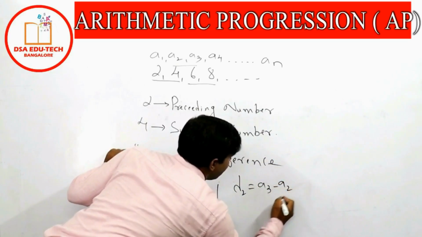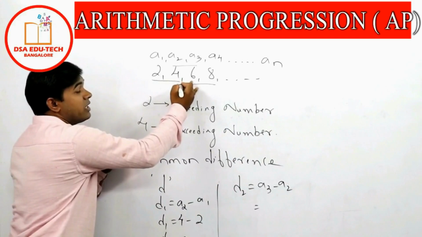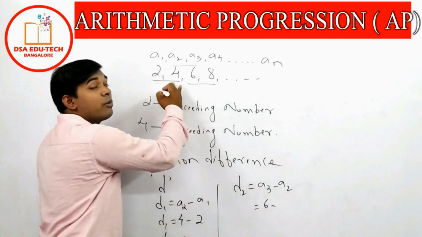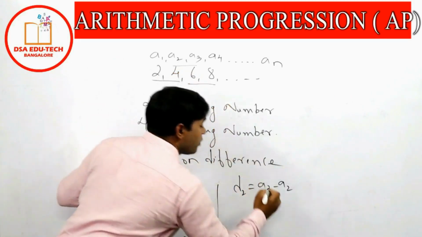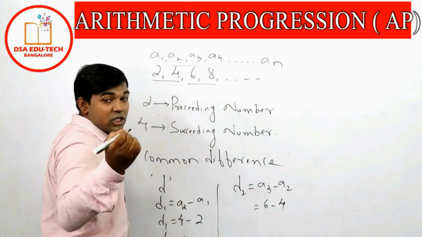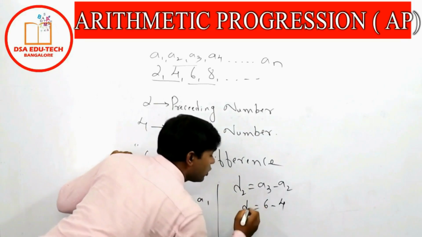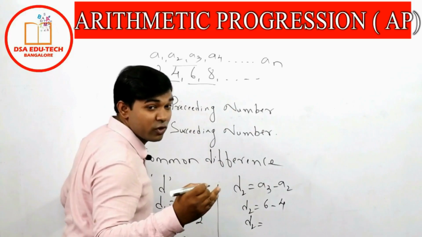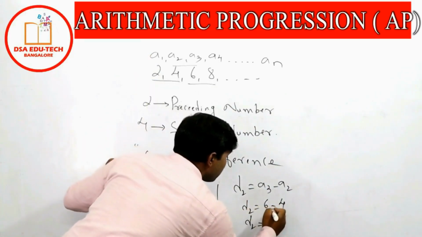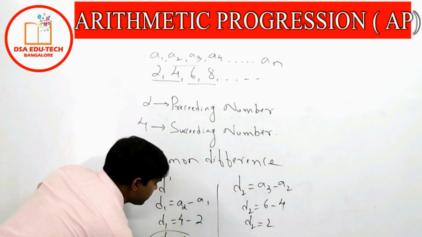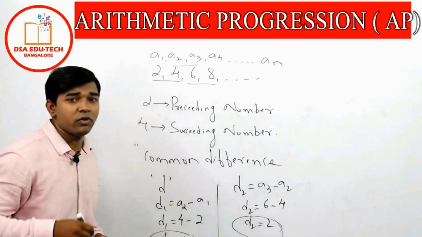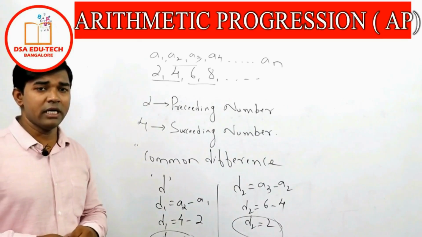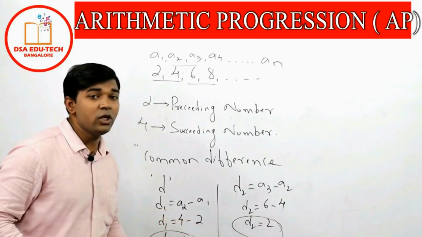A3 is 6 and A2 is 4, so you write 6 minus 4, which is 2. Did you observe one thing? I'm getting both D1 and D2 the same.